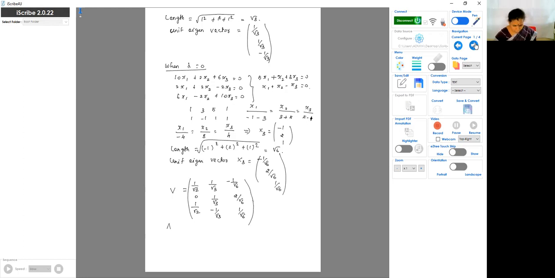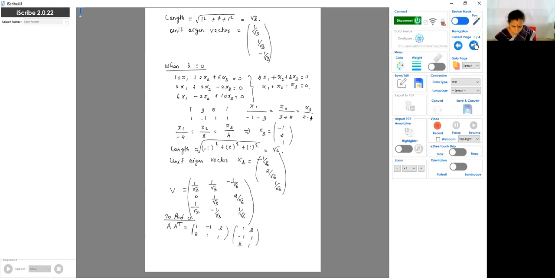So I am going to find A transpose to find matrix U. So what is A? A is 1, minus 1, 3, 3, 1, 1. And A transpose is 1, 3, minus 1, 1, 3, 1.